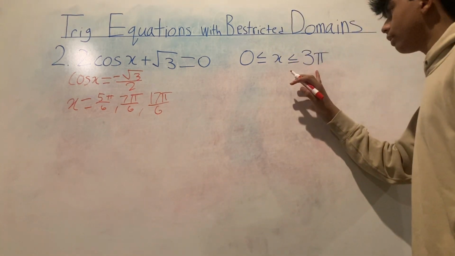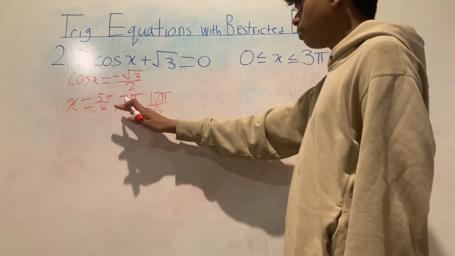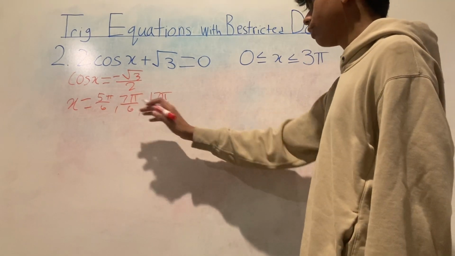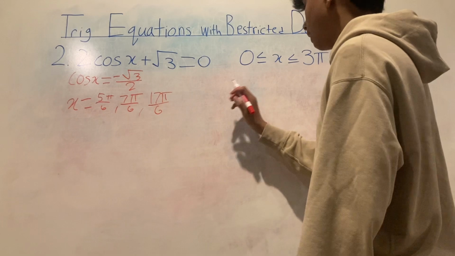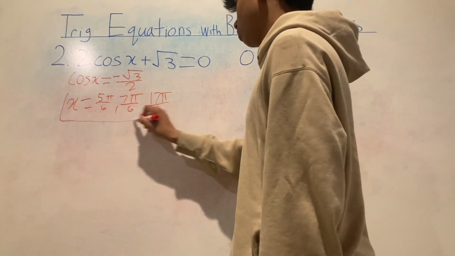And 3 pi is really 18 pi over 6. So if we added 2 pi to 7 pi over 6, that would be 19 pi over 6, and that crosses the border. So these are our 3 answers.